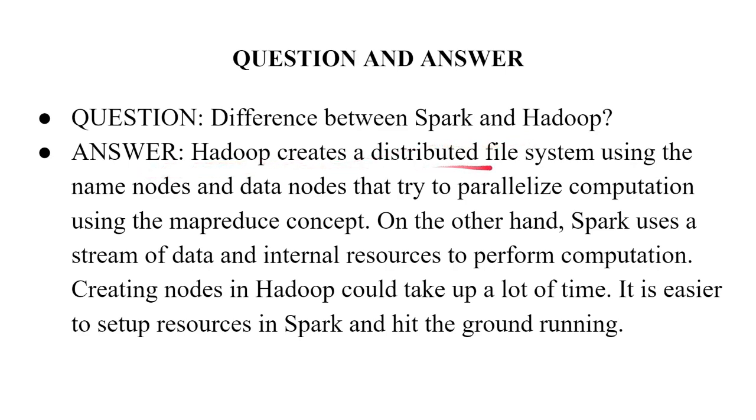Hadoop creates a distributed file system using name nodes and data nodes that try to parallelize computation using the MapReduce concept. On the other hand, Spark uses a stream of data and internal resources to perform computation. Creating nodes in Hadoop could take a lot of time. It is easier to set up resources in Spark and hit the ground running.